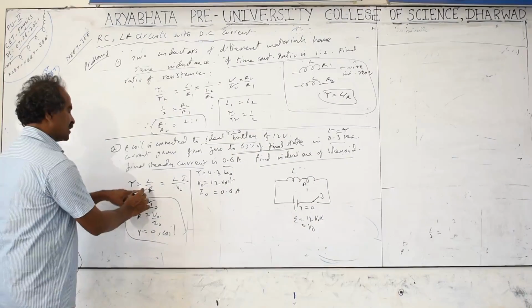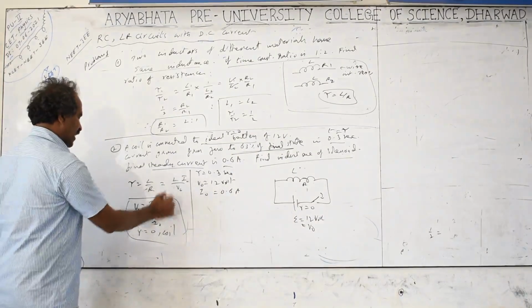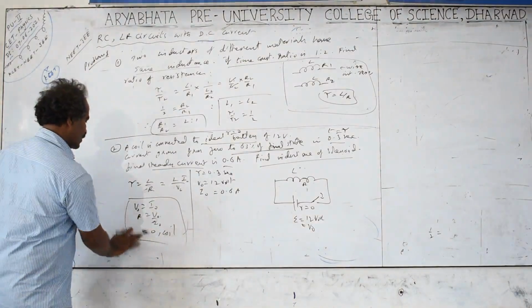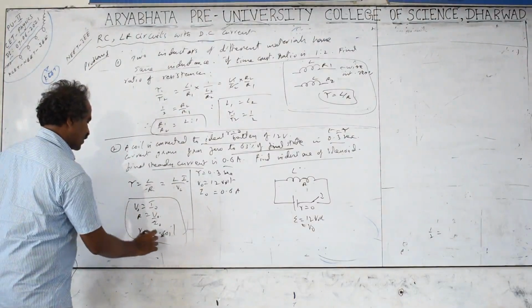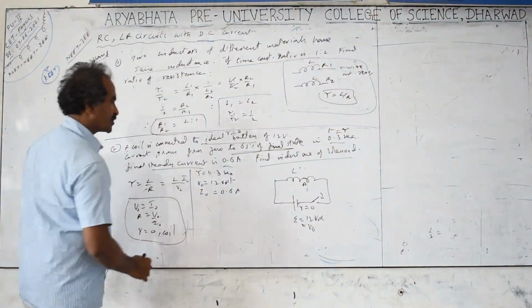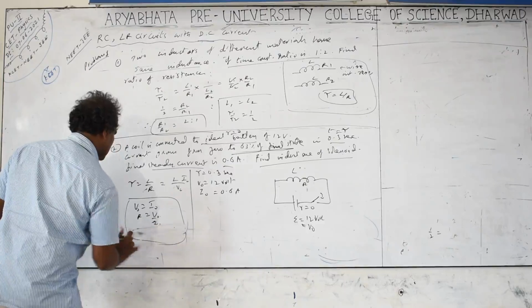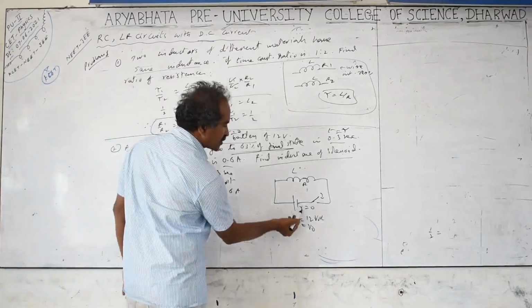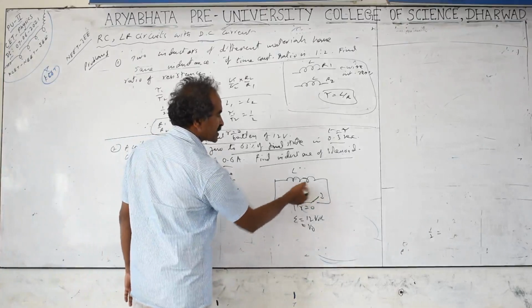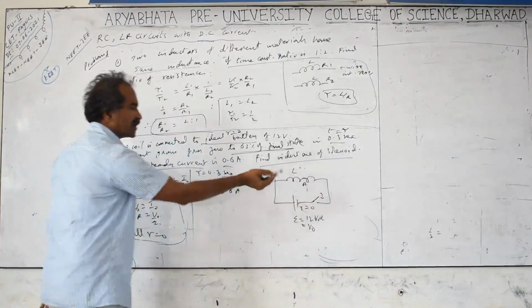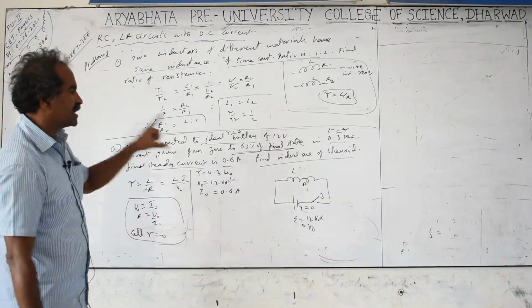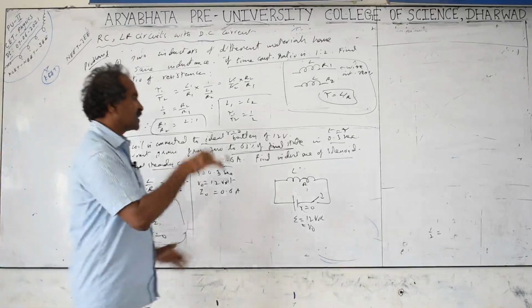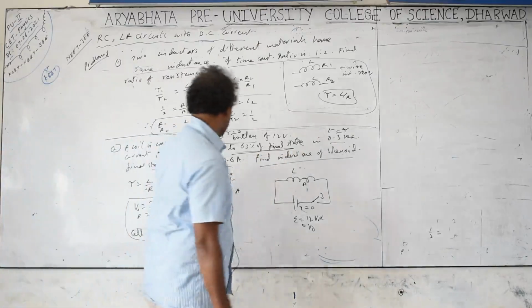The internal resistance of the battery cell is equal to 0. In the case of a battery, if its resistance comes, it comes in series with the resistance of the solenoid. Any resistance given, take them all in series. Don't take parallel resistances, take only resistance in series with the inductor or with the capacitor.